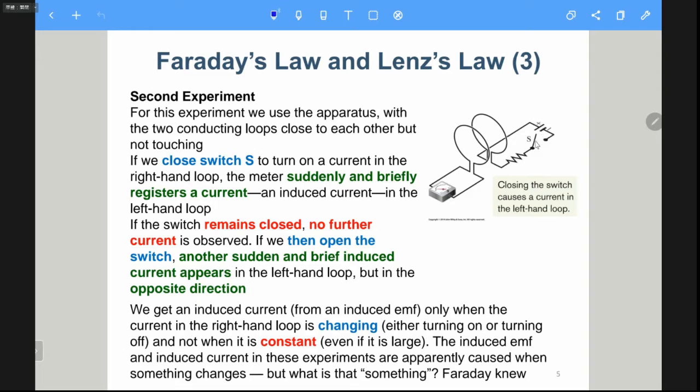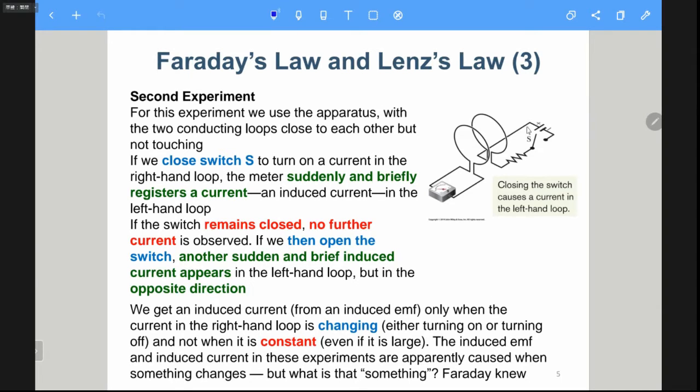If you close the switch, then it will become a magnetic dipole, and it will generate a magnetic field. So if you move this setup towards this ammeter loop, then there will be a certain current. So if the switch remains closed, no further current is observed.